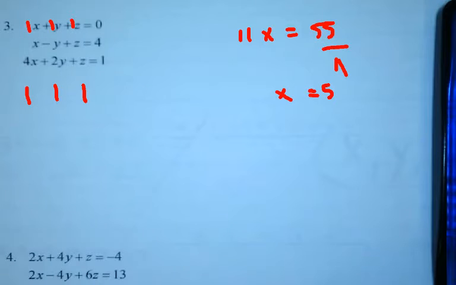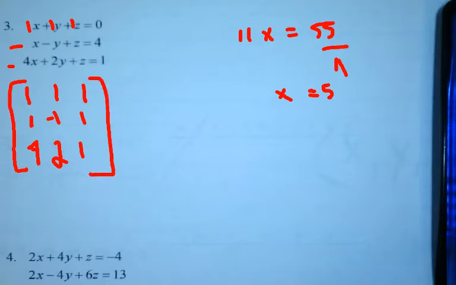And then in this row, it's going to be 1, negative 1, and 1. So that's the second row. And then the third row is 4, 2, and 1. So what I did is I made a matrix of the coefficients in front of x, y, z.